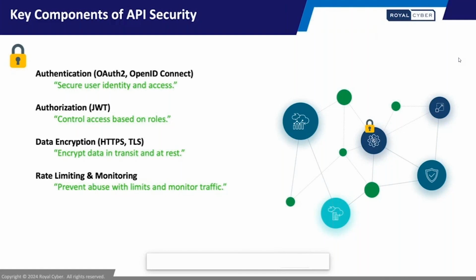And then there's rate limiting and monitoring. Rate limiting prevents misuse by capping the number of requests a user can make within a time frame to call that API. Monitoring helps you detect anomalies or potential security threats in real time.